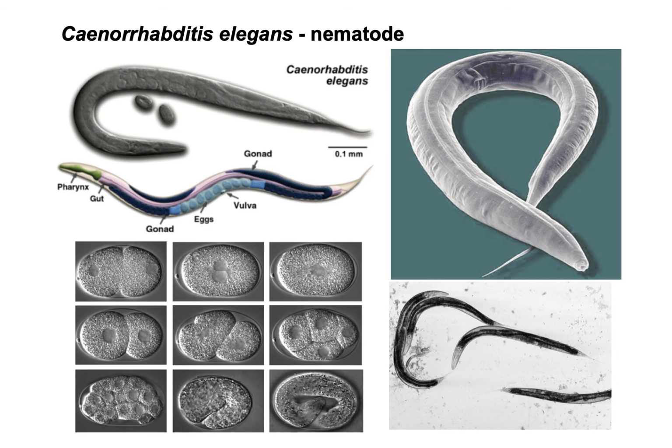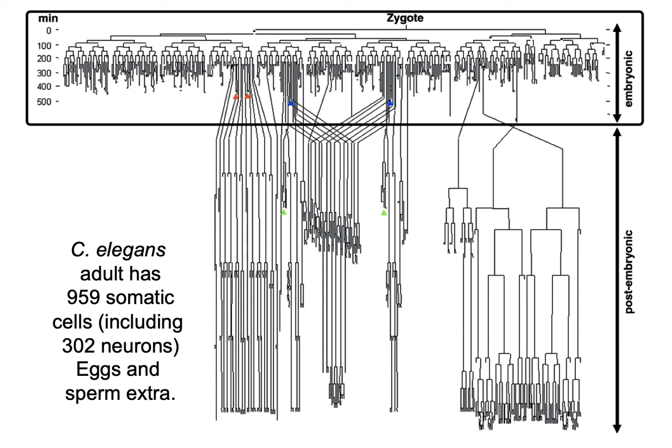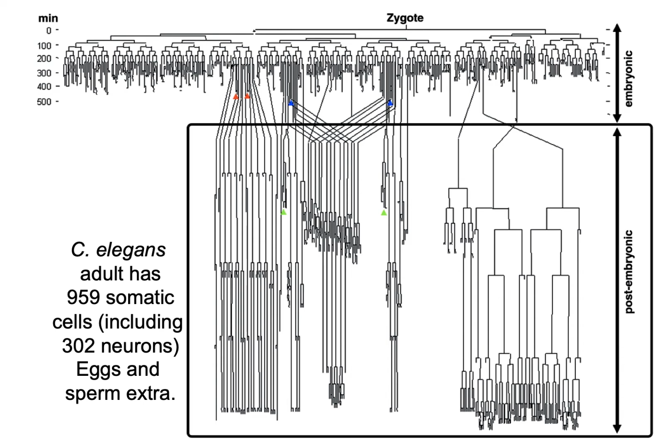And it's only once in a while that they mate with a male to exchange more diversity in their genes. As I said, this organism has been studied in detail. This is a cell map of all the divisions that occur both in the embryo up here and then post-embryonic as the organism develops and starts moving around.